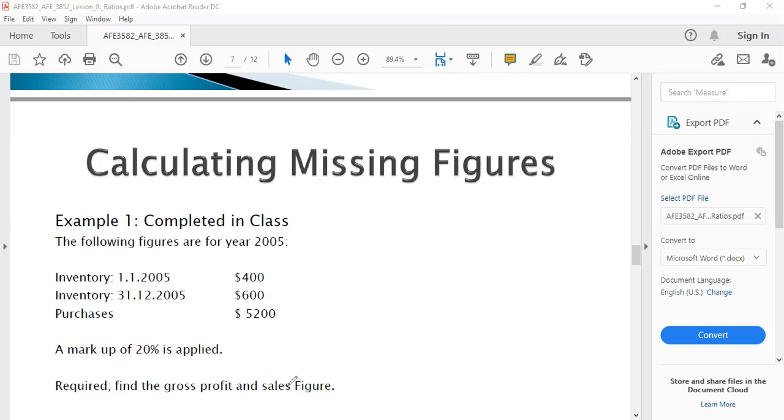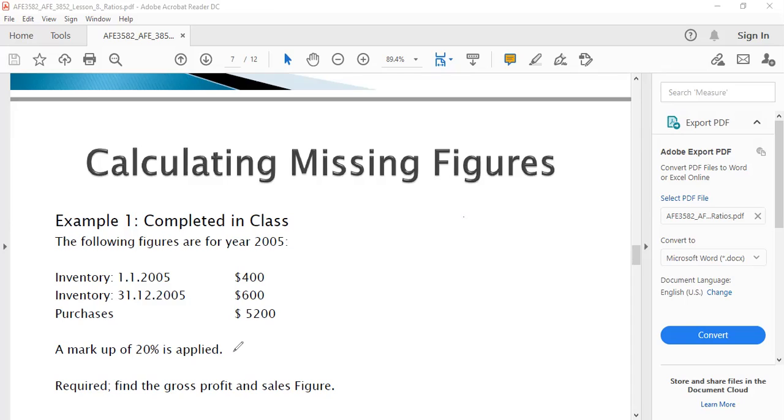And then from there, how do we find your sales? When it comes to ratios or incomplete records, you should know your income statement by heart. Here you are asked to calculate your sales amount, given your cost of sales and gross profit.